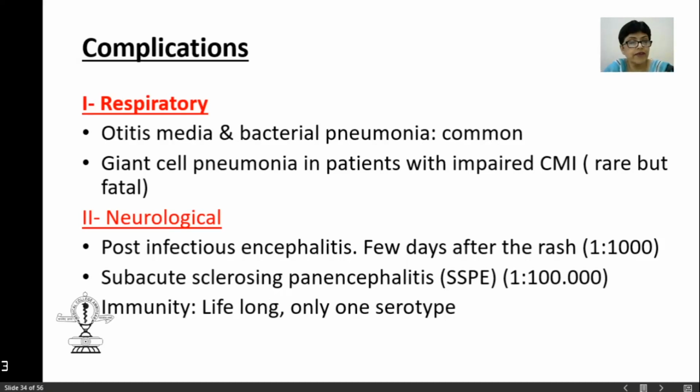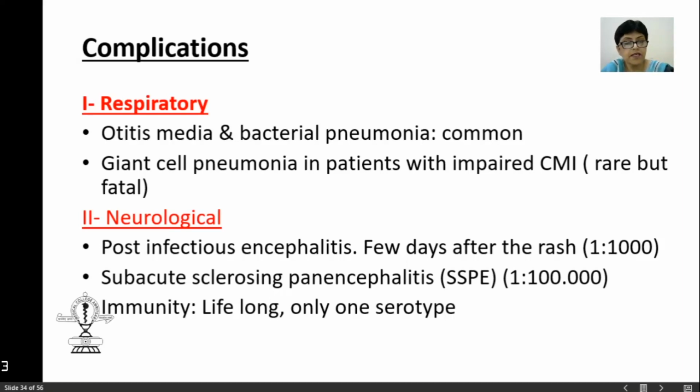Neurological, post-infectious encephalitis, which appears a few days after the rash, in a population of 1 in every 1,000, and which is again seen in children who are infected later in life. And then we have this condition called subacute sclerosing panencephalitis. Now this can be given to you as a note on its own.